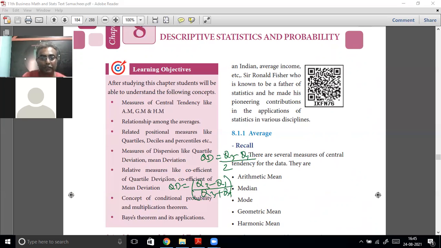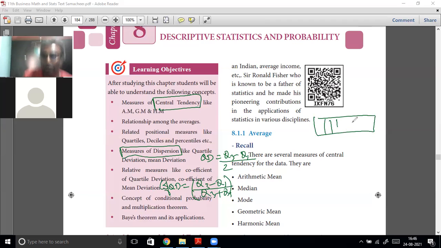This is the coefficient. What is the difference between measures of central tendency versus measures of dispersion? Can you tell me? I don't know. Okay. Measures of central tendency means data is there, so much data is there.